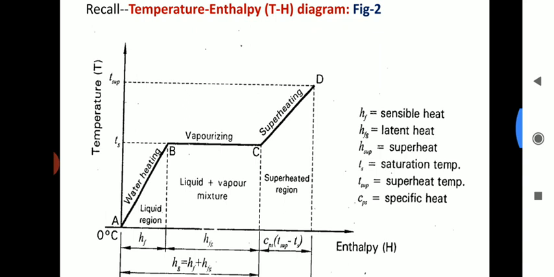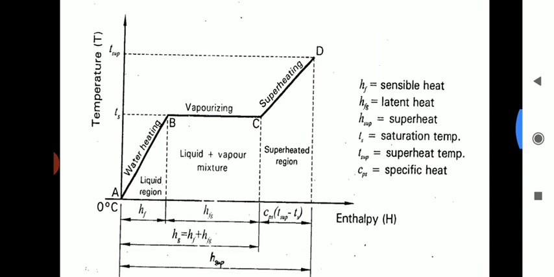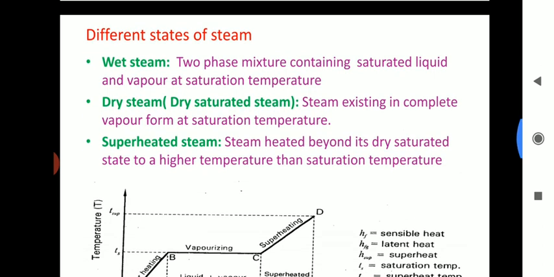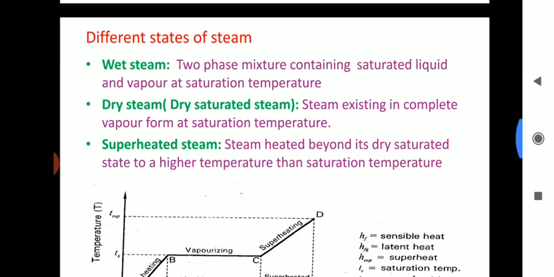Now we will move on to the next topic, that is about the different states of steam. So the steam, when it is formed, initially is a wet steam.